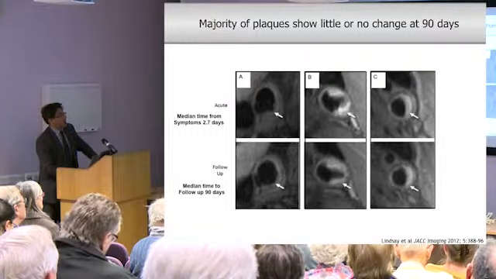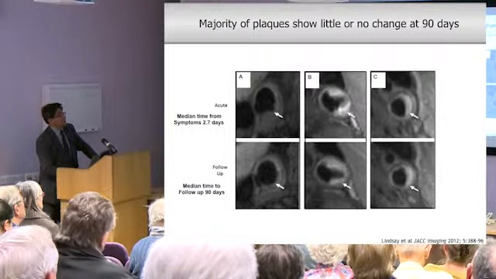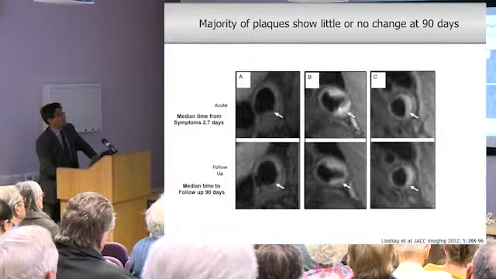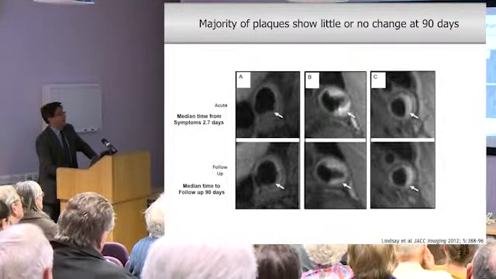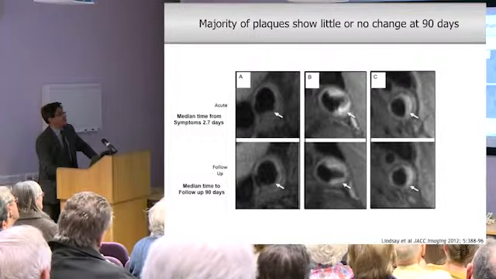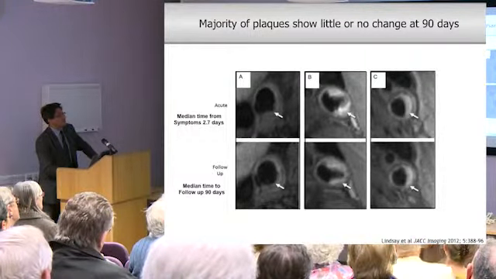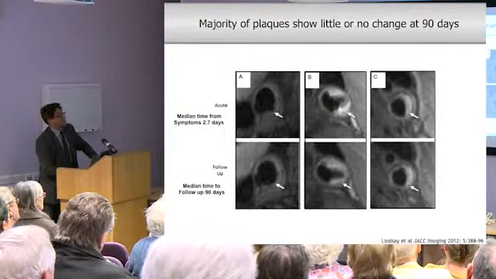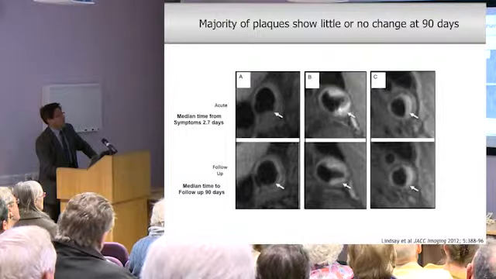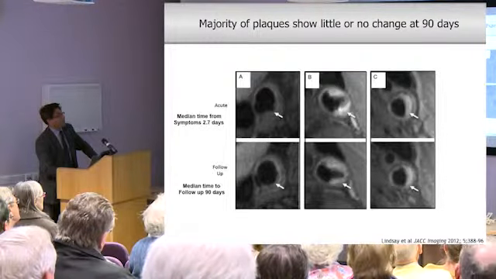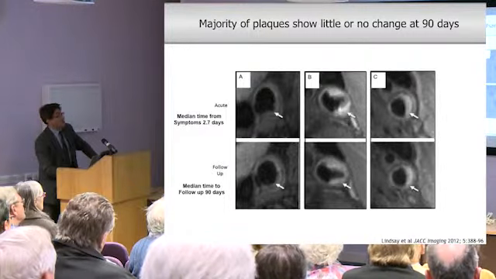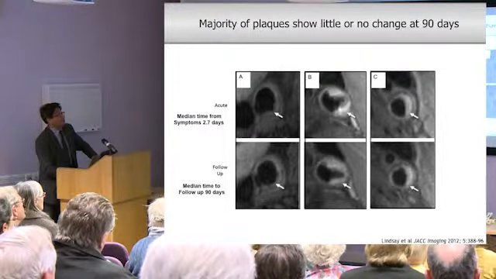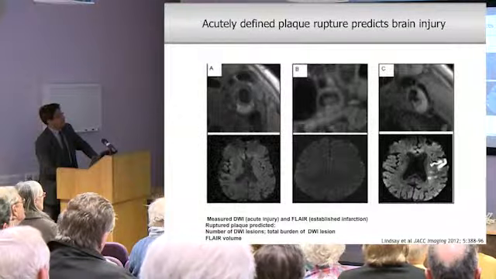And I'm just showing you here some of the features that we see in carotid arteries early after a stroke. So this is a fissured plaque, a nasty cut in the surface of that plaque. This is another example in which the bright signal represents blood, a hemorrhage within the plaque, which is another precipitant of blood clot downstream and stroke, and in fact turns out to be the strongest predictor of downstream injury.